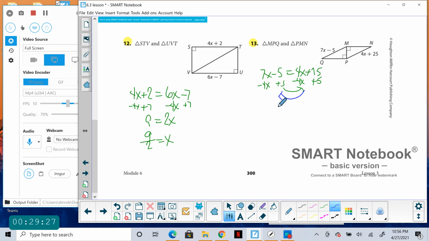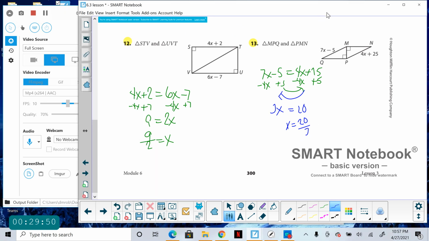So I end up with 3x equal to 20. And x equals 20 divided by 3. That just seemed really weird.